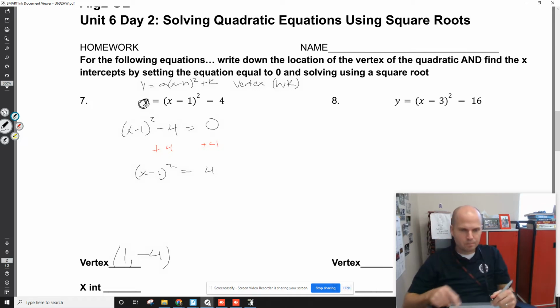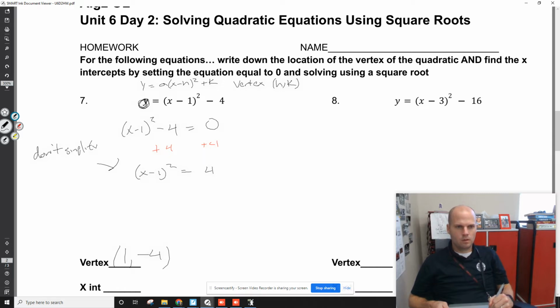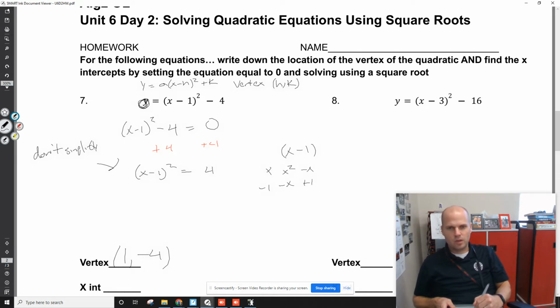Now, don't try to simplify the square. Don't try to square the x and square the negative 1. It's not correct. You can't do that. x minus 1 squared is x minus 1 times x minus 1, which ends up being x squared minus x plus 1... which is x squared minus 2x plus 1.